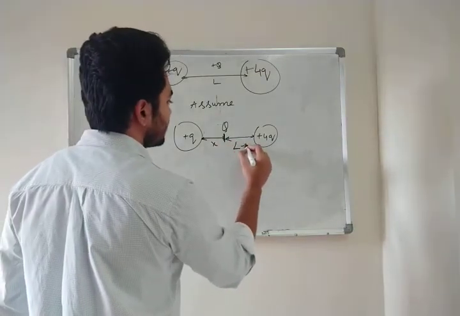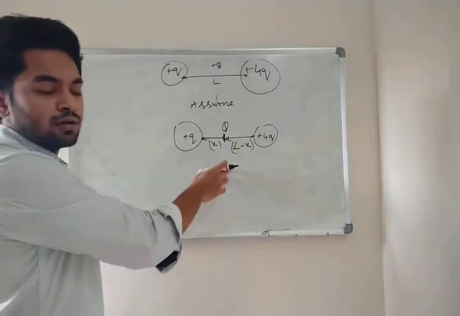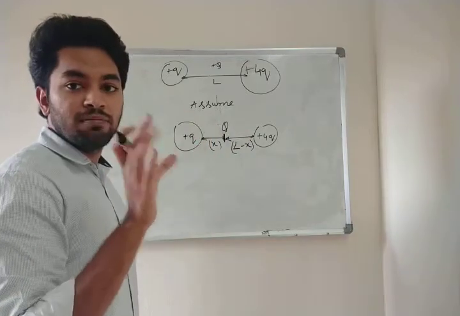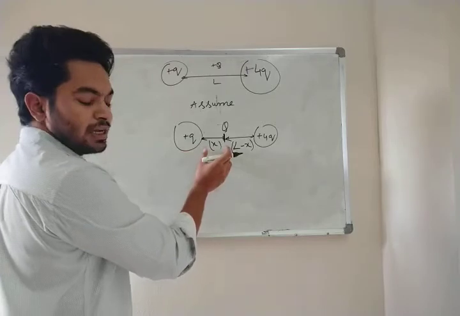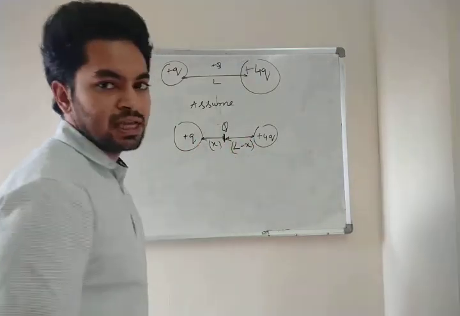L minus X. I am assuming. You can also take it wherever you want, but you have to take only in the middle, right? From Q it is at X distance, and from here to 4Q it is L minus X distance.